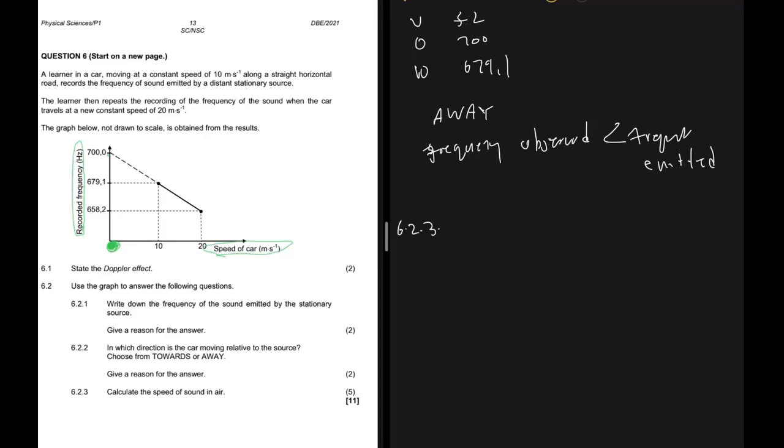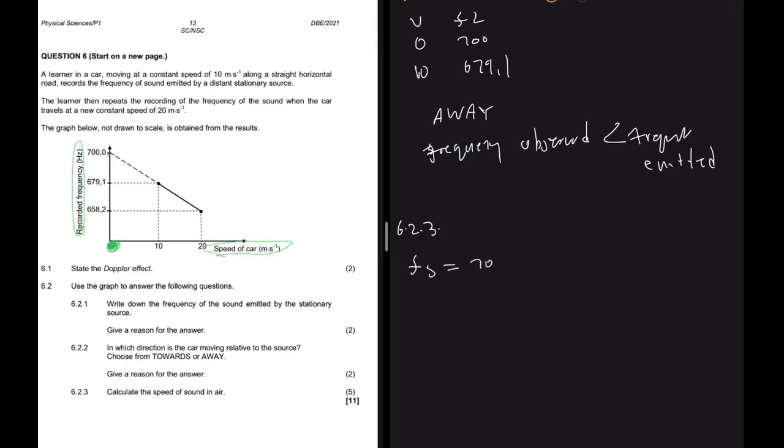Okay, so we have the data for when the speed of the vehicle is 10 meters per second and when it is 20 meters per second. So we're going to pick one of the two and use it to find the speed of sound in air. So again, the first thing to do is to jot down the given information, right?